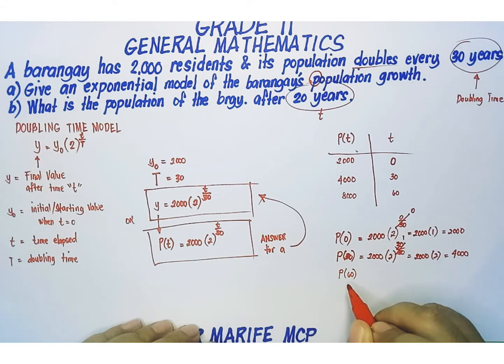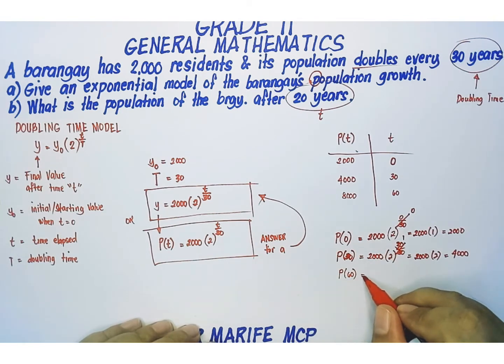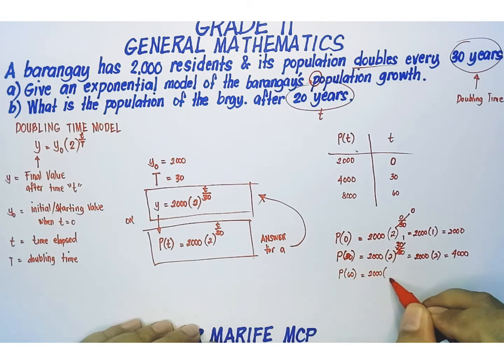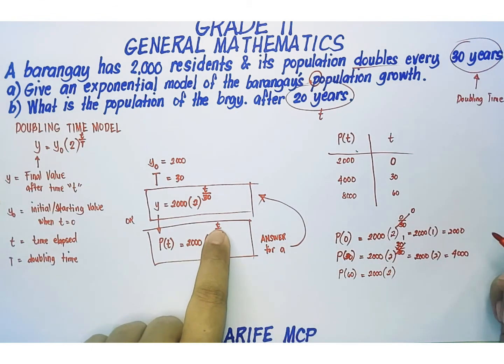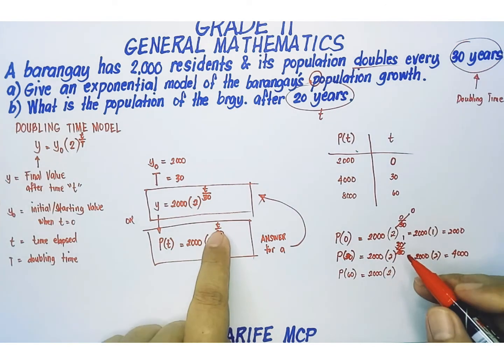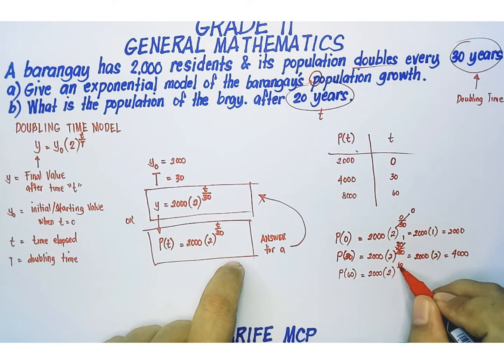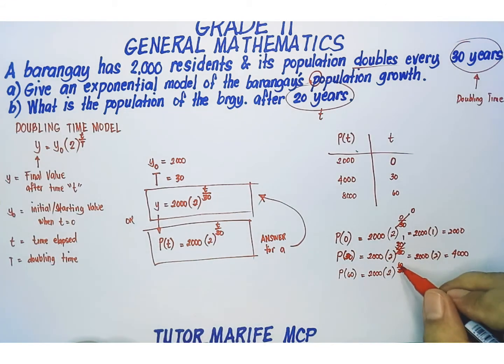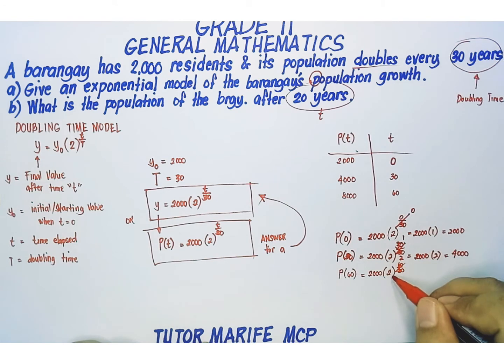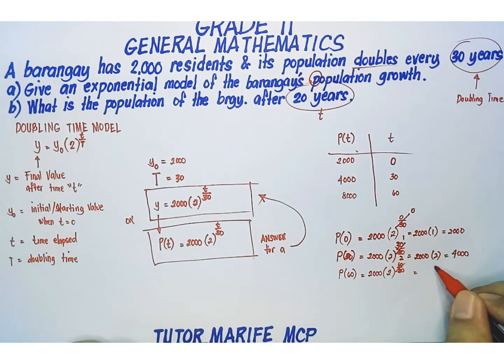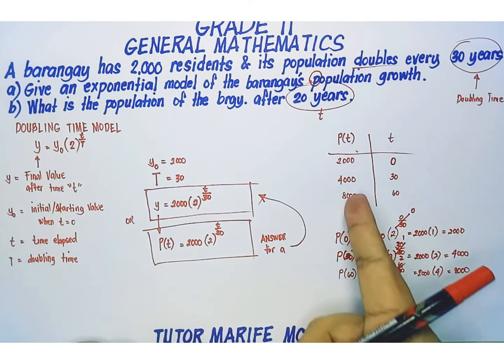That is p of 60. So it's equal to 2,000 multiplied by 2 raised to t over 30. You replace t with 60 over 30. And 60 divided by 30 is actually 2. And what is 2 squared? That's 4. Times 2,000, it's equal to 8,000. Consistent.